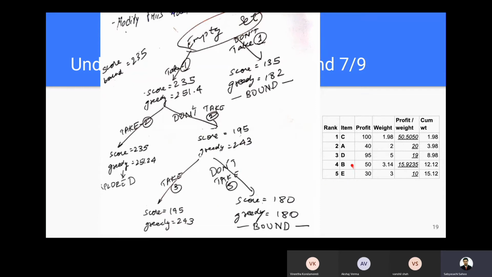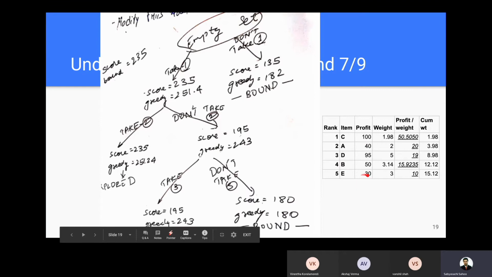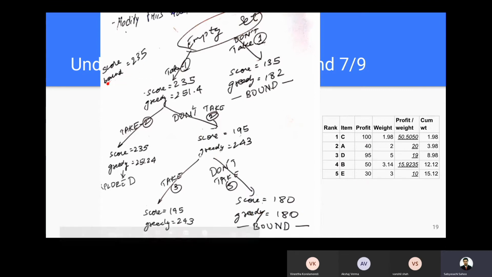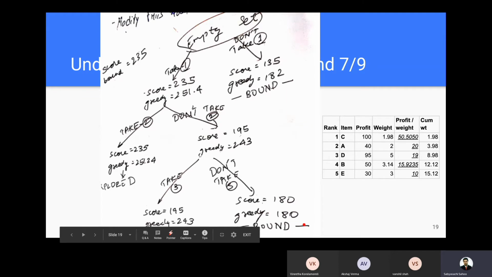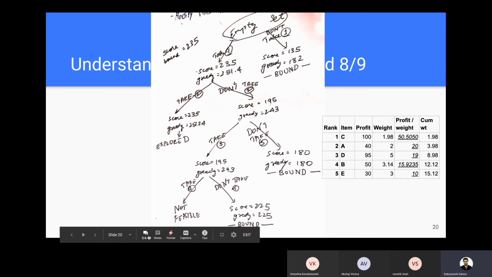But if you don't take 3, that is, so far you have taken 1, not 2, not 3, you'll end up taking 4 and 5, which means 100 plus 50 plus 30. So you get a score of 180, and the greedy value also comes at 180. Now, since we have a solution better than that, we bound this path, or we don't explore further here, and then we go on to explore this part.